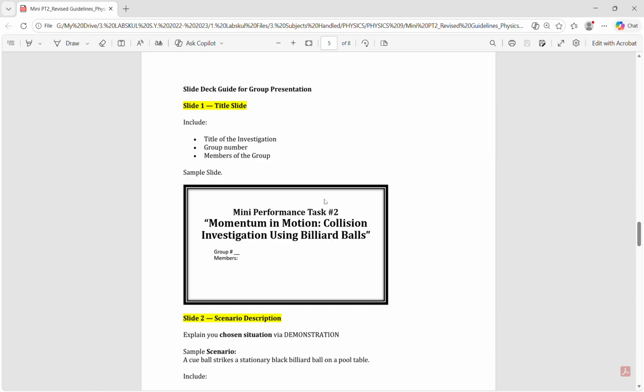I hope you could realize the essence of this mini performance task and perform the best of your abilities as a group. I think that's all for the instruction.